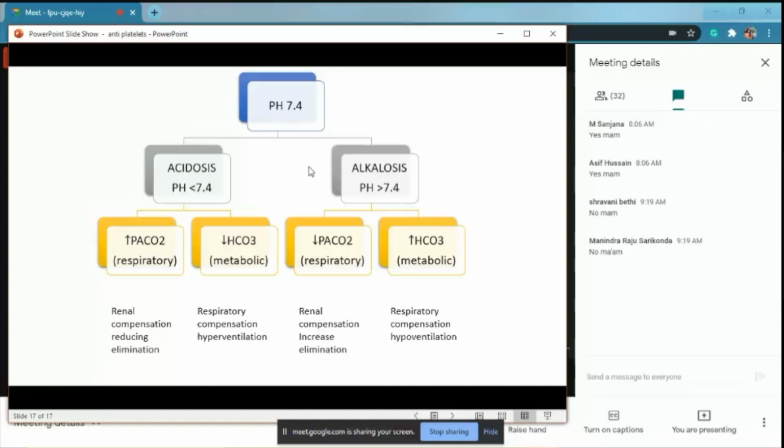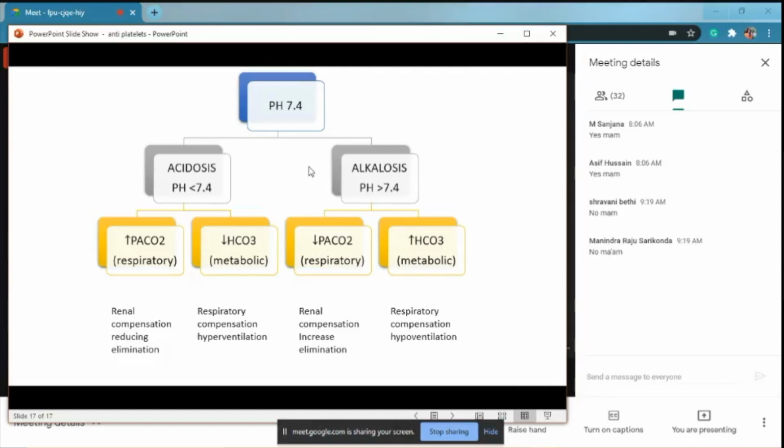If we do the lab investigation and the partial pressure of carbon dioxide is okay, but the bicarbonate level, which is a base, is low, that means the patient has metabolic acidosis. Similarly, in alkalosis, if the partial pressure of carbon dioxide is low, that means respiratory alkalosis, and if the bicarbonate level is high, that means metabolic alkalosis.